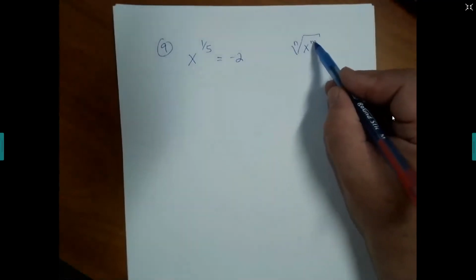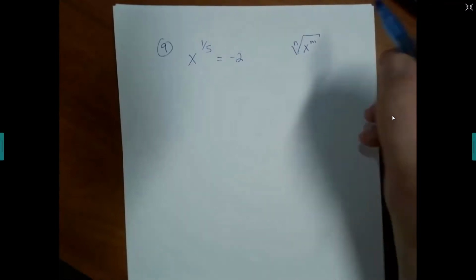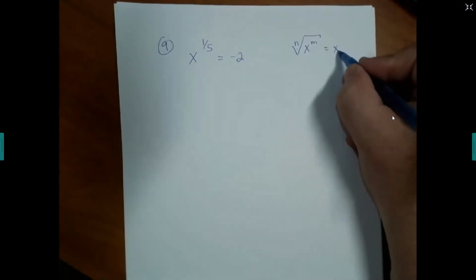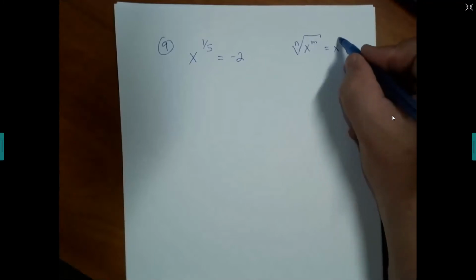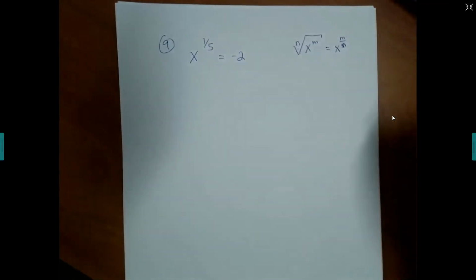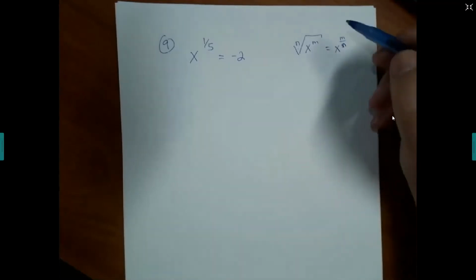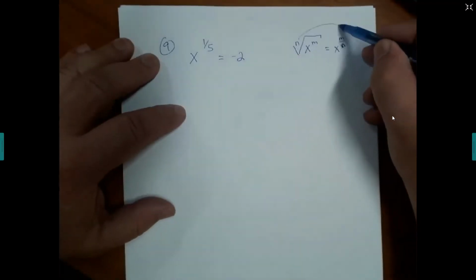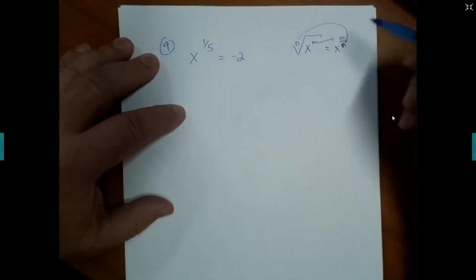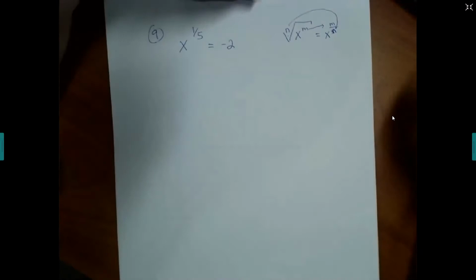Whatever's inside could be set to some power, and you have the root. You can rewrite this as a fraction. Whatever's inside goes on top. Whatever's in the root goes on the bottom. So the root always goes on the bottom. It's what's divided. And that exponent's on top.